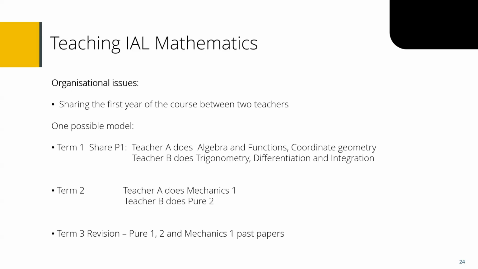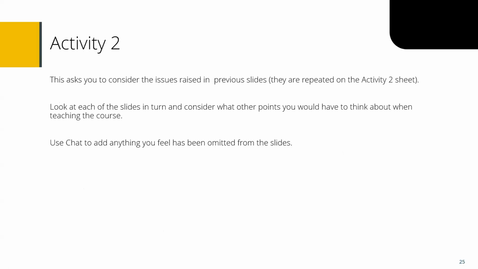This then moves us into our Activity 2, which you'll also find in your delegate booklet. So again, referring back to the delegate booklet there, Activity 2 asks you to consider the issues raised in previous slides, so in terms of the teaching, organizational, and the content.